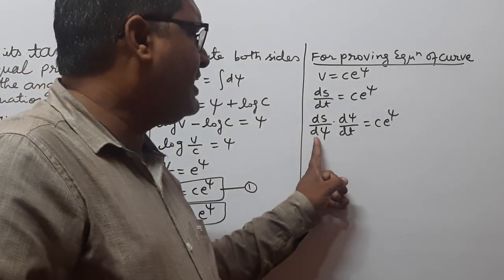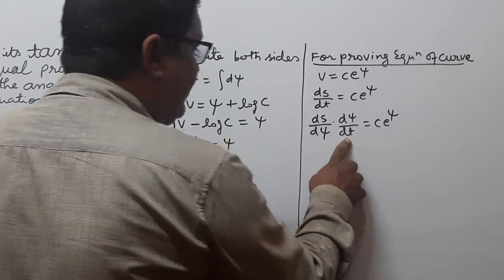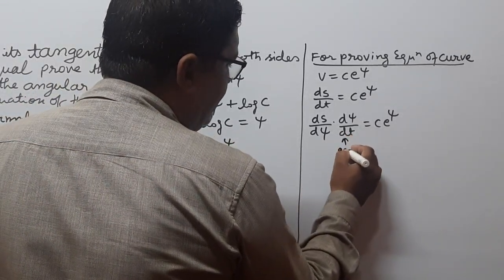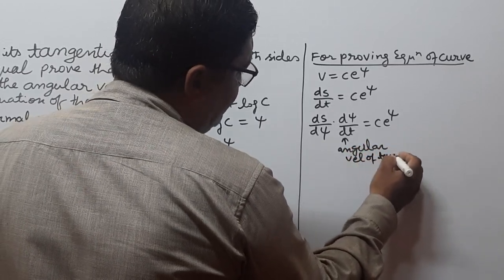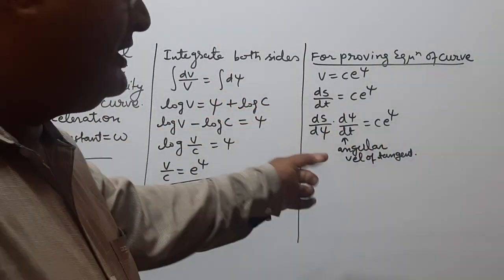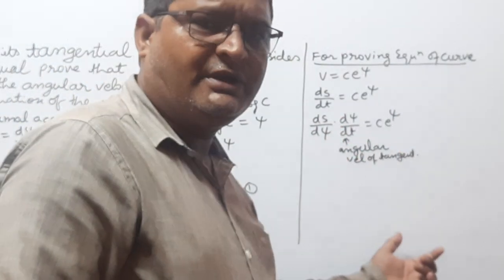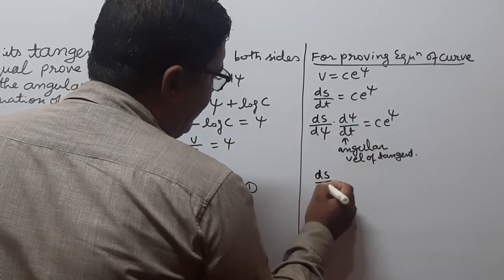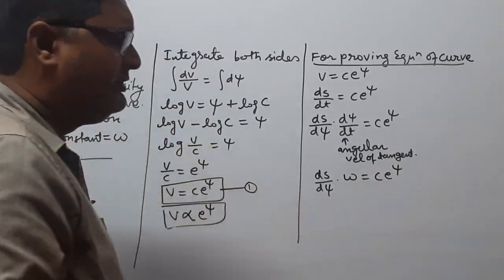Here we multiply d psi in the numerator and denominator. Now this d psi upon dt is the angular velocity of the tangent. Above we supposed this angular velocity is omega, because in this question it is given that the angular velocity of the tangent is constant. So we put constant omega. So ds upon d psi multiplied by omega is equal to C e to the power psi.